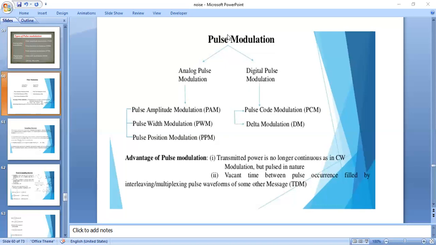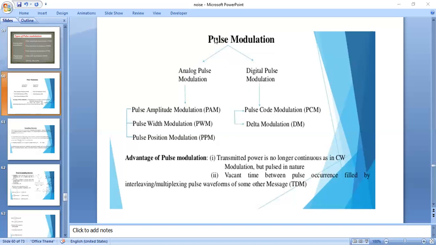The analog pulse modulation is classified into three types: pulse amplitude modulation, pulse width modulation, and pulse position modulation. And the digital pulse modulation is classified into pulse code modulation and delta modulation.